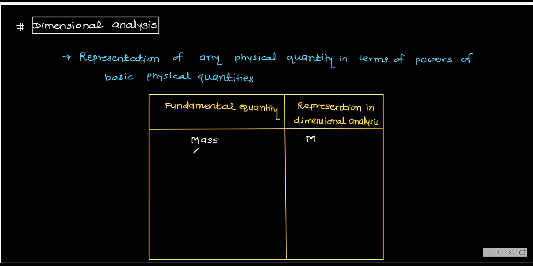Okay. Next is length. It is denoted by capital L. Next is time. It is denoted by capital T. Next is temperature. This temperature we denote either by theta or even by K. Next is electric current.